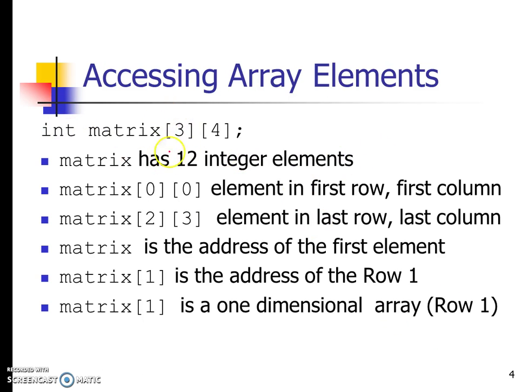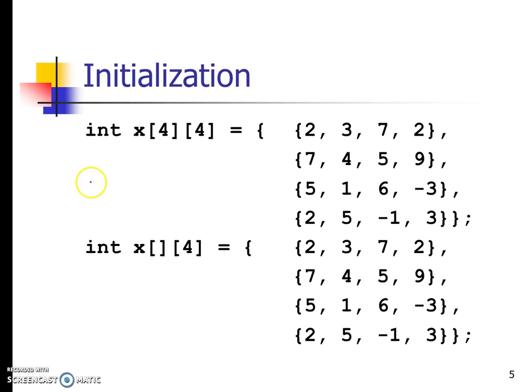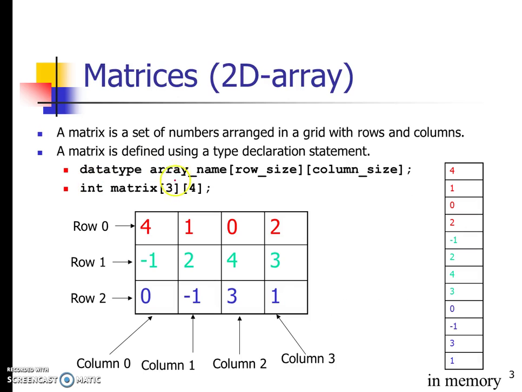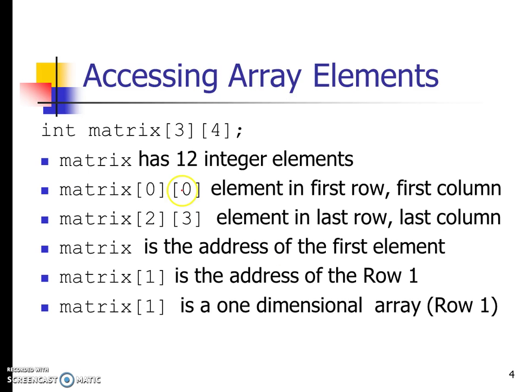Now, to access the array elements, let's say in the previous slide we have an array of 12 elements. The first element will be at the 0th row and 0th column, that is, the first row, first column. And we can access the element which is at the 3rd row and 4th column, that is, the last row and last column.